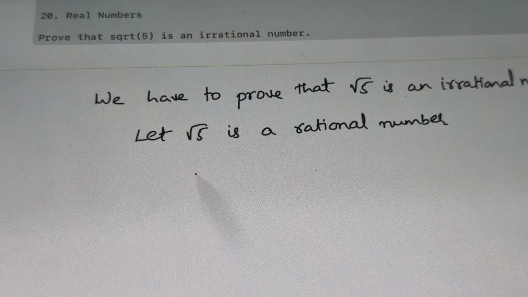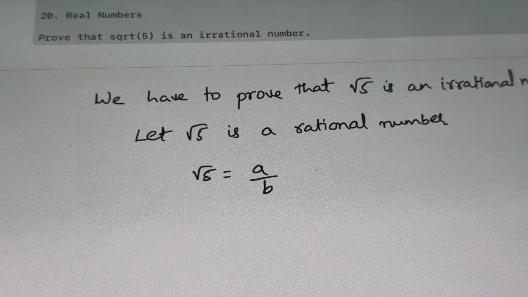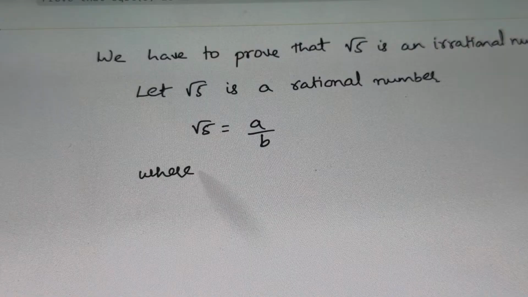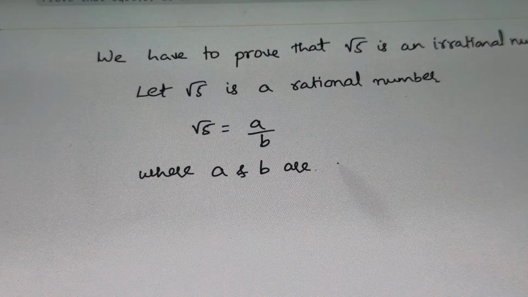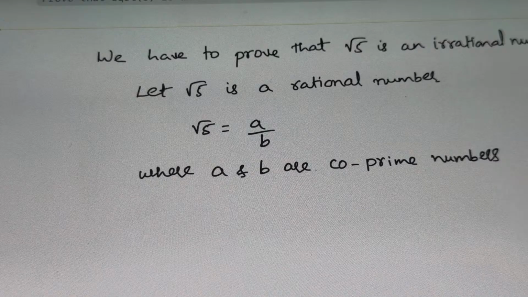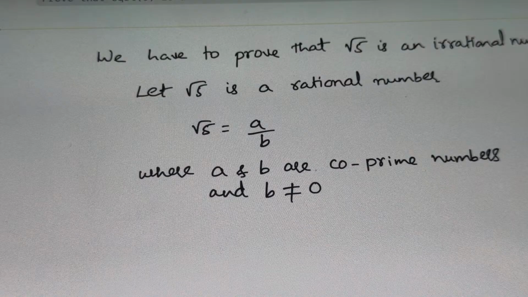Now root 5 is equal to a by b, where a and b are co-prime numbers, and also b is not equal to 0.